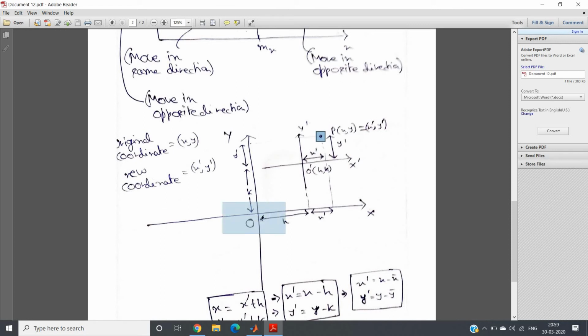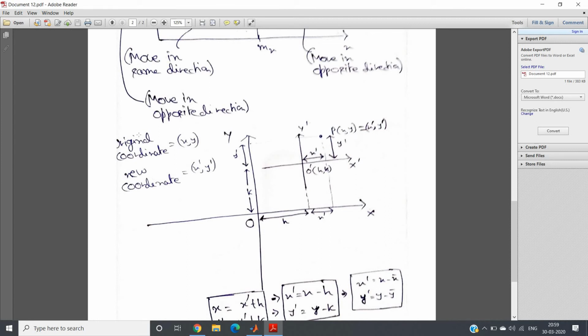That means when the origin is 0 0, our point P has x and y coordinates xy. With respect to the new coordinate system, which has x bar and y bar as x axis and y axis, the position of P is x bar y bar.